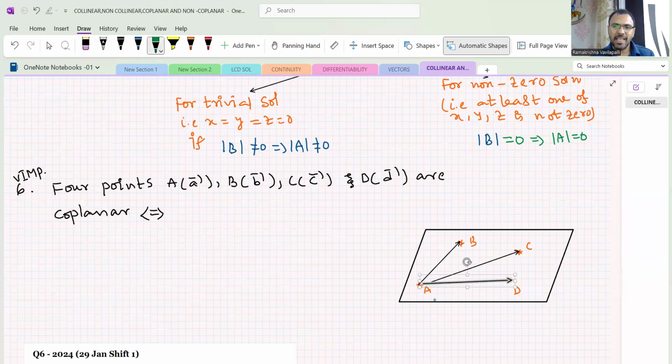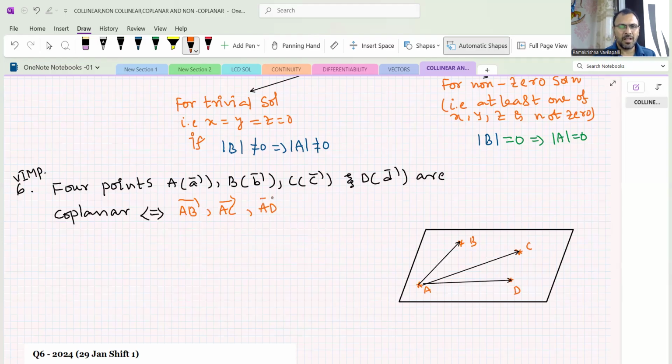Now see, AB bar vector, AC bar vector, AD bar vector are all on the same plane. This is important. Many questions are based on this concept.